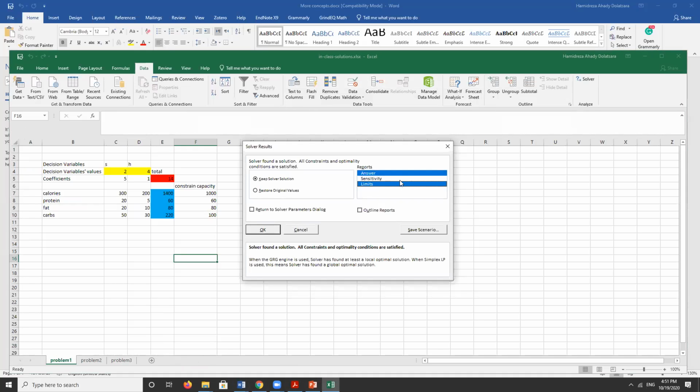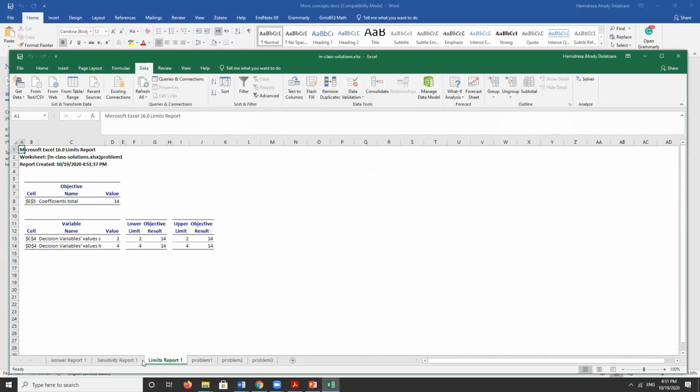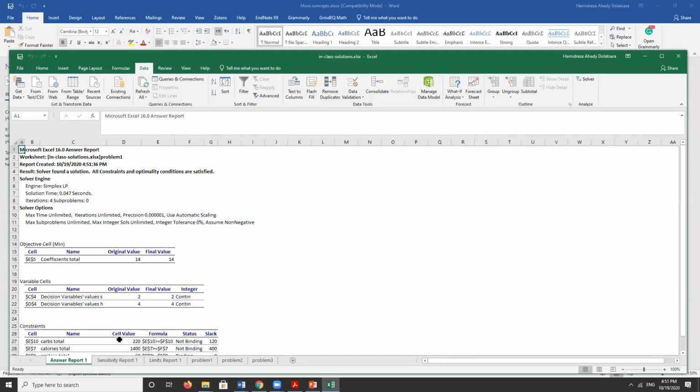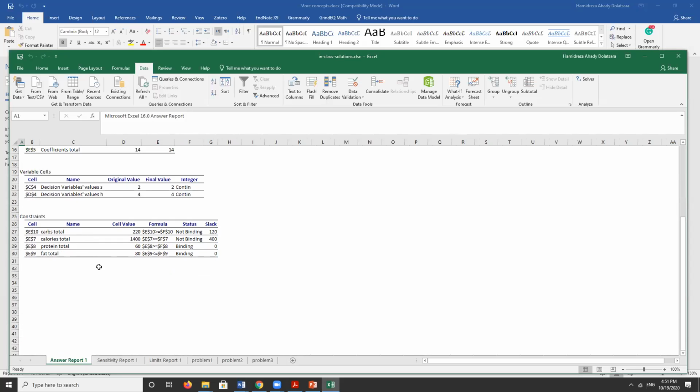Let me select. So we have carbs, calories, protein, and fat constraints. These are the values. So in total, if you use 4 hash browns and 2 sandwiches, look at the constraint here.